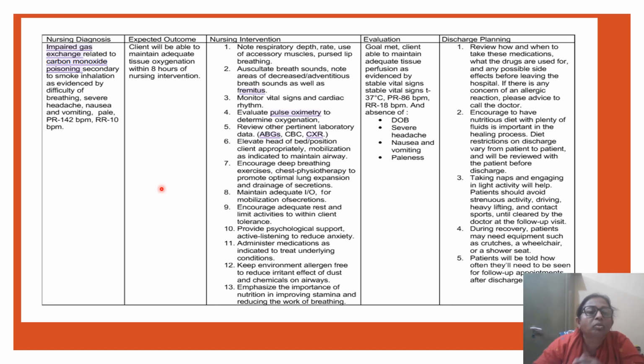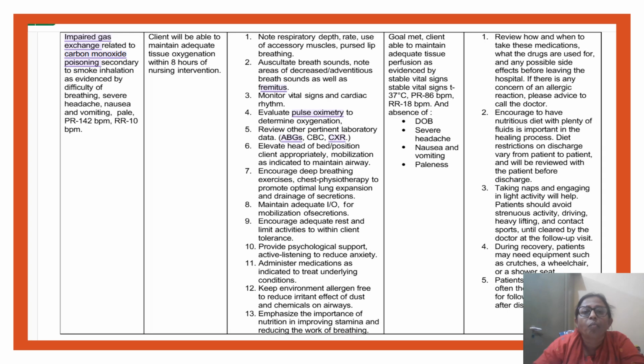The second nursing diagnosis can be impaired gas exchange related to carbon monoxide poisoning, or secondary to smoke inhalation, as evidenced by difficulty of breathing, severe headache, nausea, vomiting, pulse rate more than 142, respiratory rate is low.